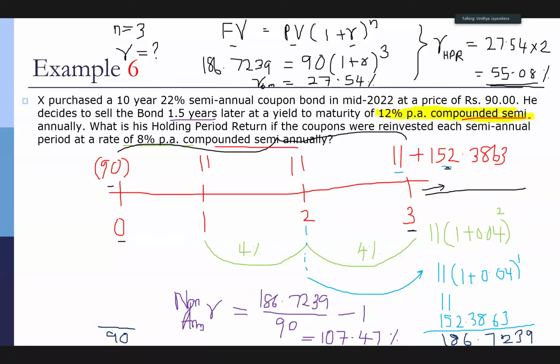So just for comparison purposes, the holding period return coupons are reinvested at 8% compounded semi-annual. If I find my AER, on comparison terms, it doesn't make sense, but it is not incorrect. It's okay. It's just that for comparison purposes, the best one to use is always the comparable return, which is the one that is compounded at the same periodic rate as all the other returns in that sum. That's all.